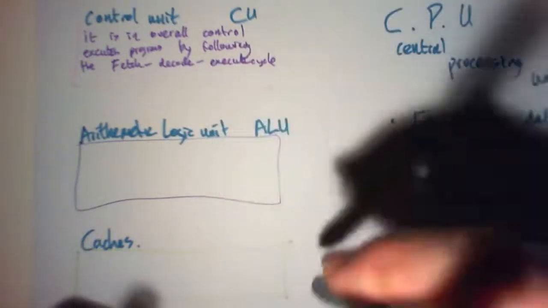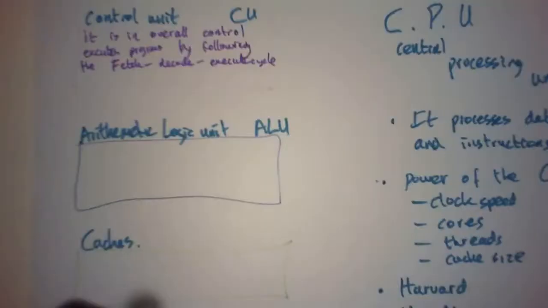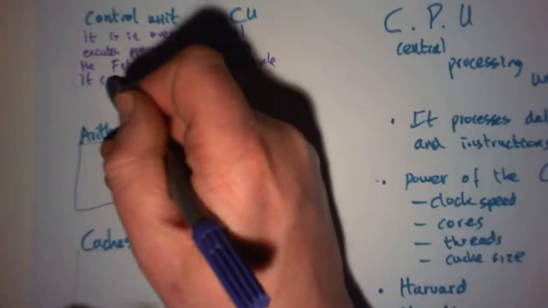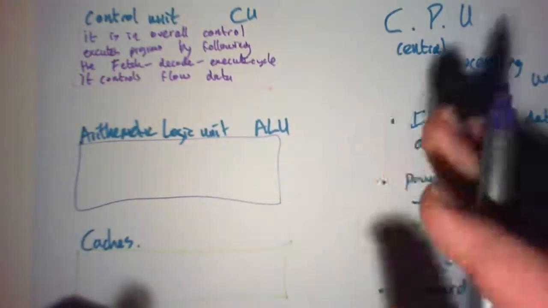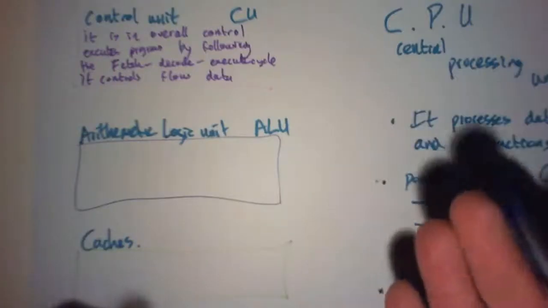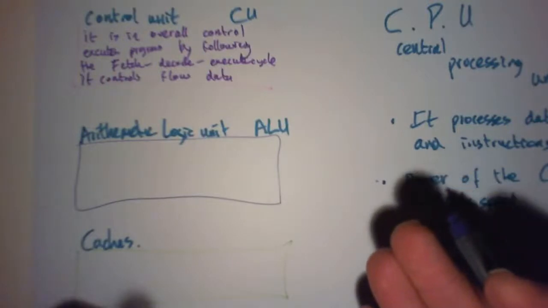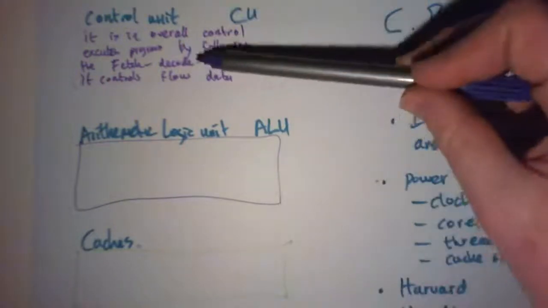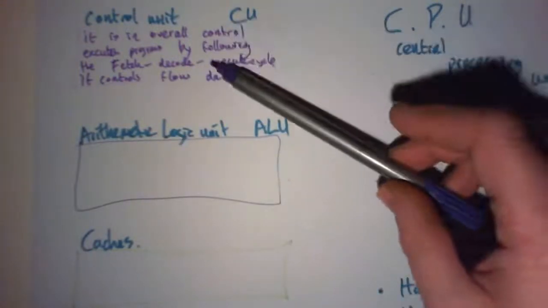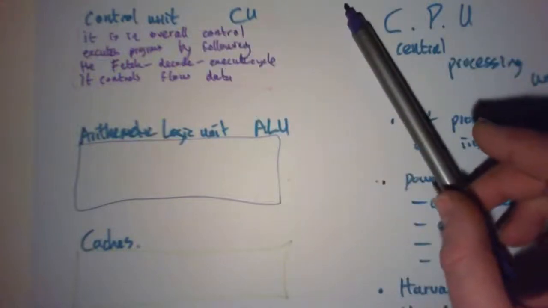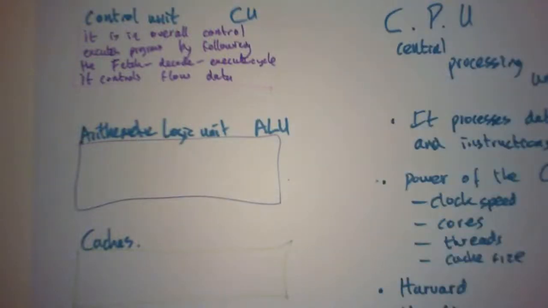This is where you start learning about it and understanding it. So it controls the flow of data throughout the CPU and also coming in and out of the CPU. It controls the data that goes to the ALU and the caches, but it also controls the data that comes in from memory and that goes out to input output devices. It does all that as well as the internal controls.